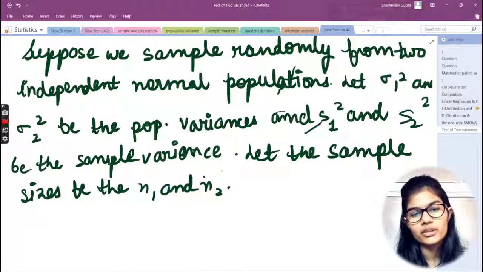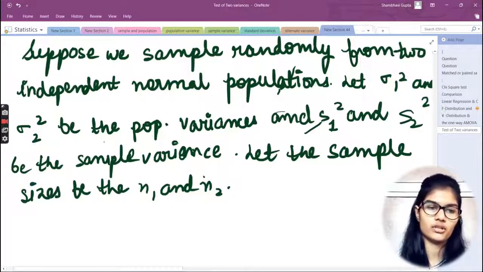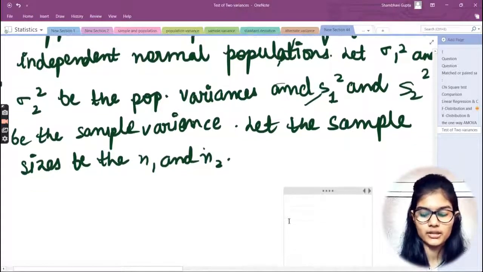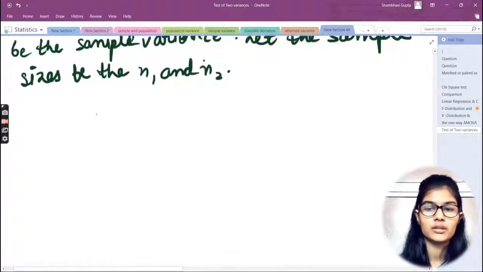In that case, we're going to use the F ratio. Let me show you the formula for the F ratio.